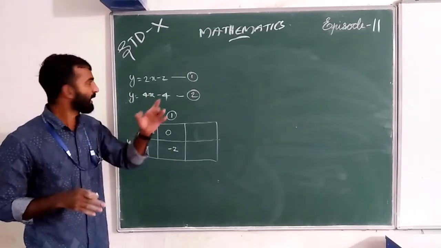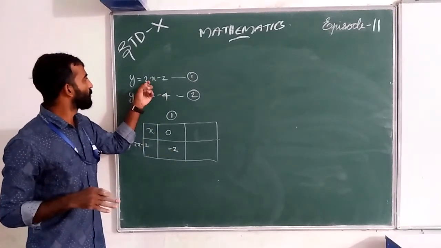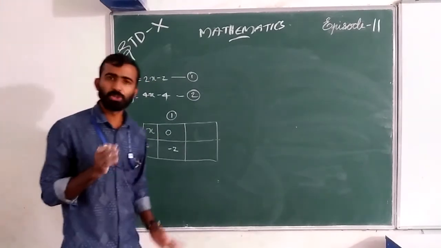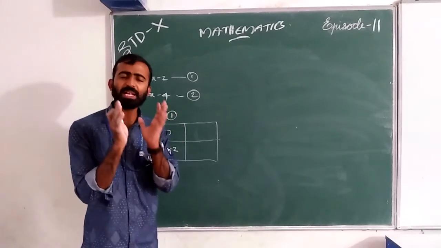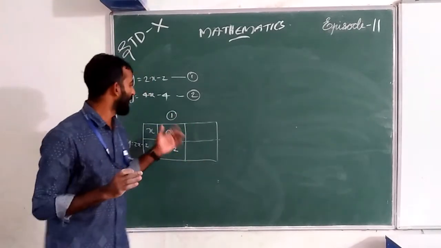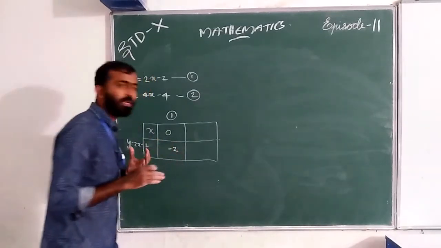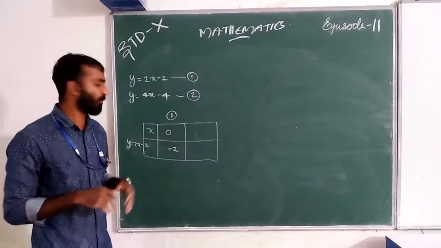When you take 1, then 2 into 1, 2 minus 2, you get 0. As you like, you take any value, then you get the corresponding value of y.